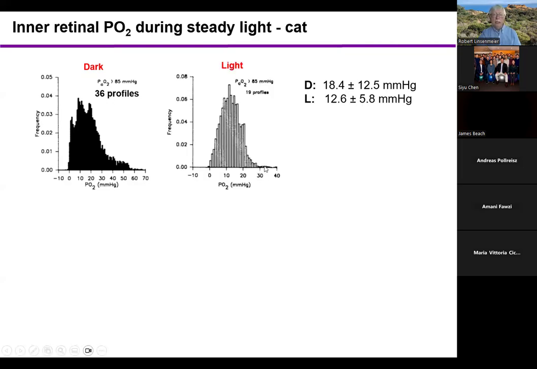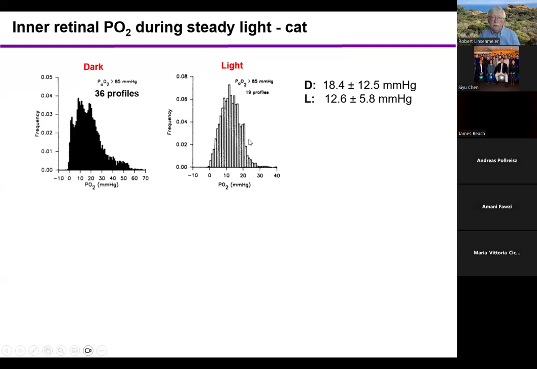Now, when you turn on the light, you see a similar distribution. This is with steady light at about rod saturation, so it's enough to completely saturate the rod system. And the inner retina now has an average PO2 of a little less than 13 millimeters of mercury.